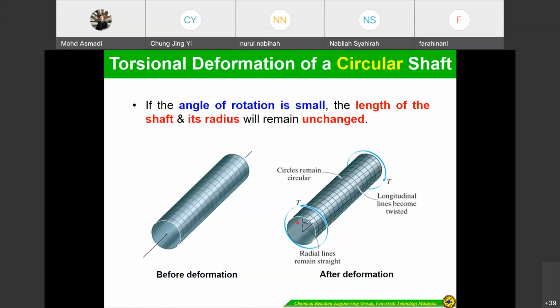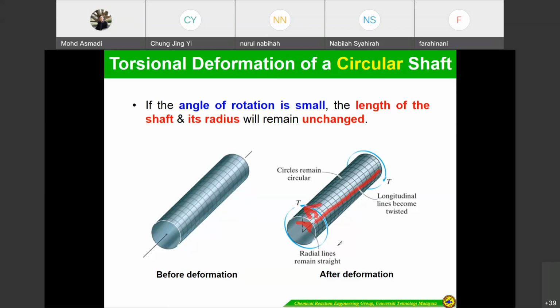We can see the angle of twist here, in this direction. The circles remain circular, and the radial lines remain straight.